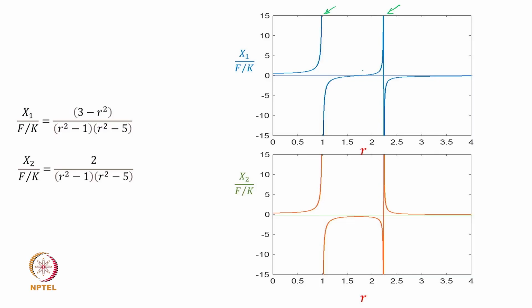And this part is very interesting, that at a certain frequency value the compressor vibration is going to be 0, okay, and we are going to discuss that as a part of our subsequent discussion on this 2 degree of freedom system.